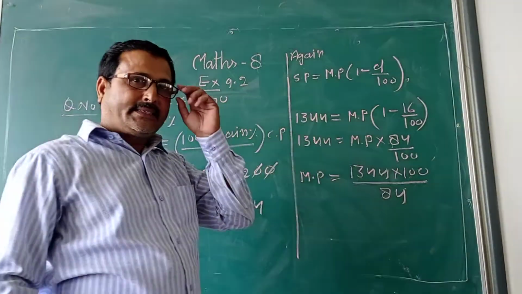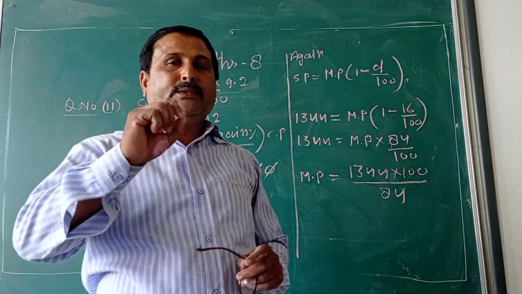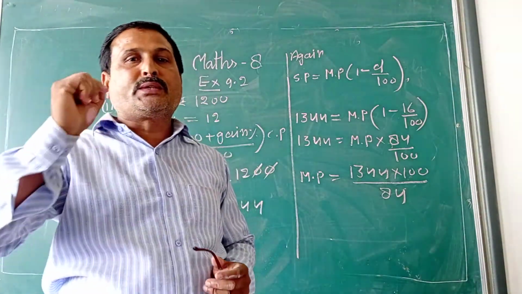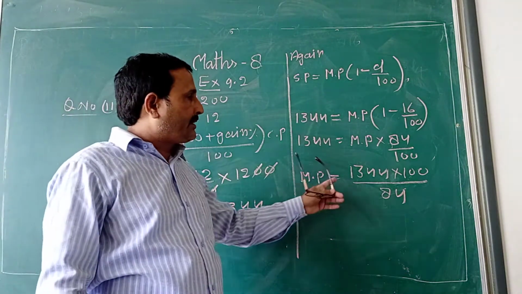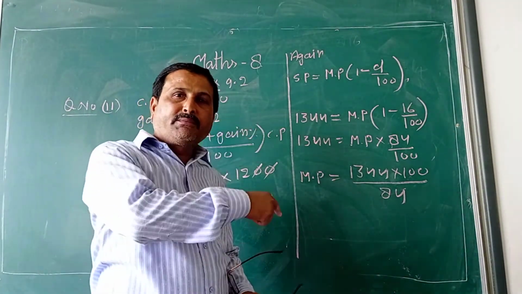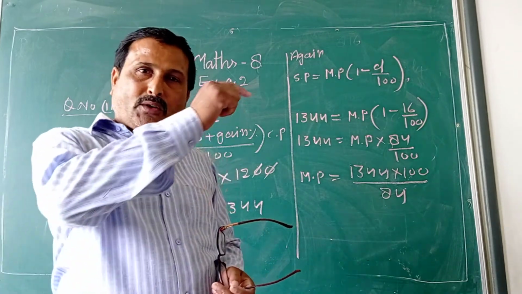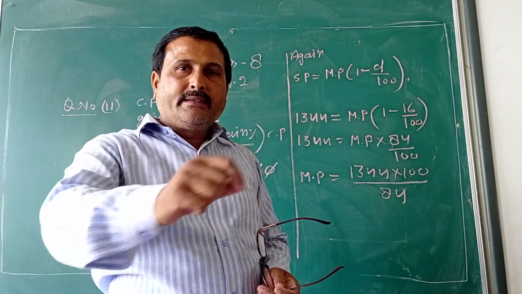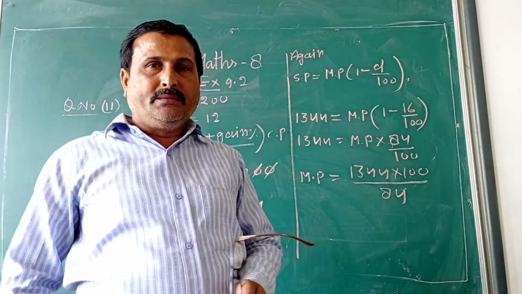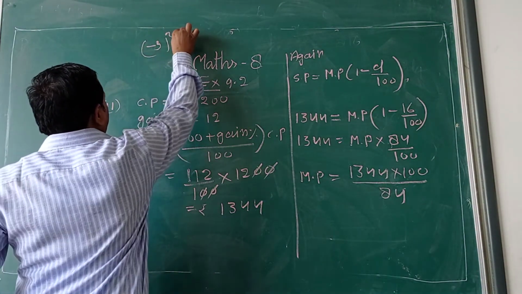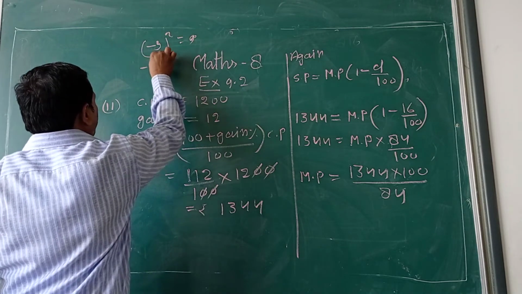Again it is simplification. Remember that when you simplify, you should simplify manually. Don't use any calculator or mobile for simplification. The same thing, you have made mistakes in maths also. Your process is correct, but simplification you don't know. Already we have given that minus 3 square is 9 and minus 3 cube is minus 27.